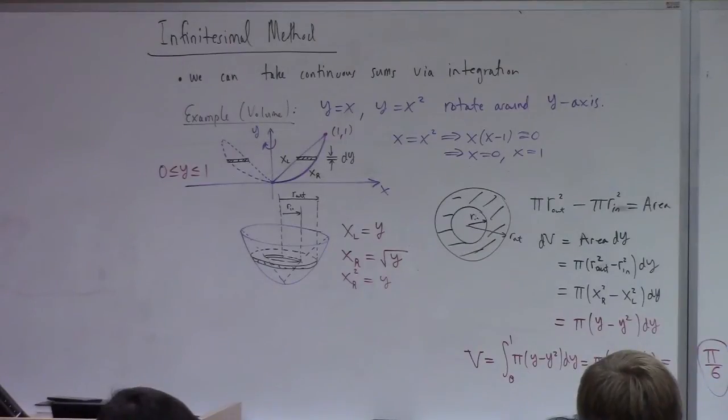Integral of y is 1/2 y squared. Integral of y squared is 1/3 y cubed. 0 to 1 gives you 1/2 and 1/3. It's just that.